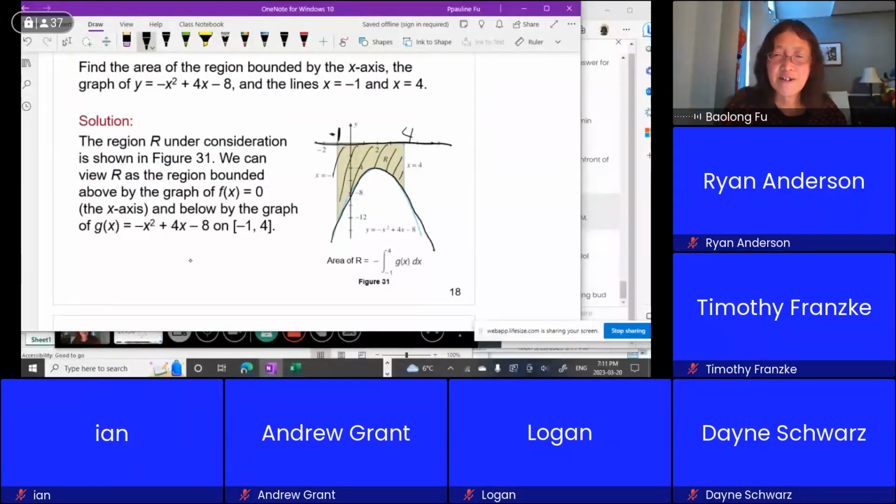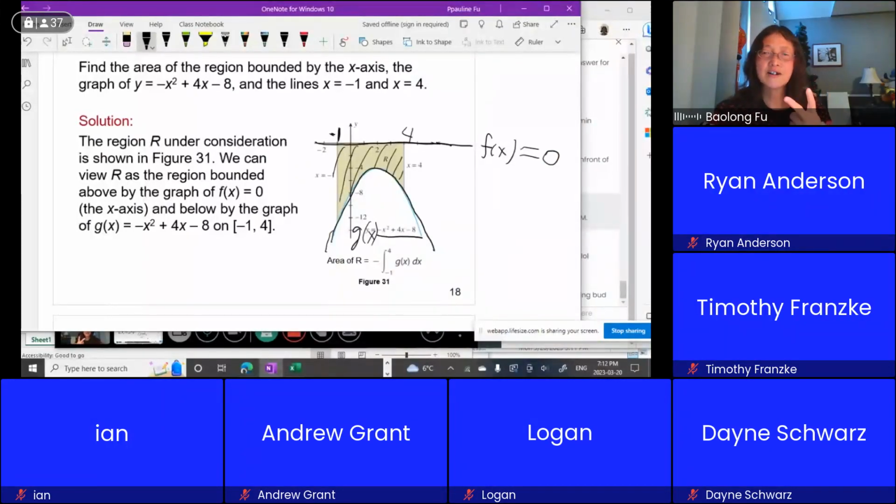So the x-axis is our f(x), and this parabola is our g(x). g(x) is given, but what is f(x) for the x-axis? f(x) actually equals 0. All the points on the x-axis equal 0.